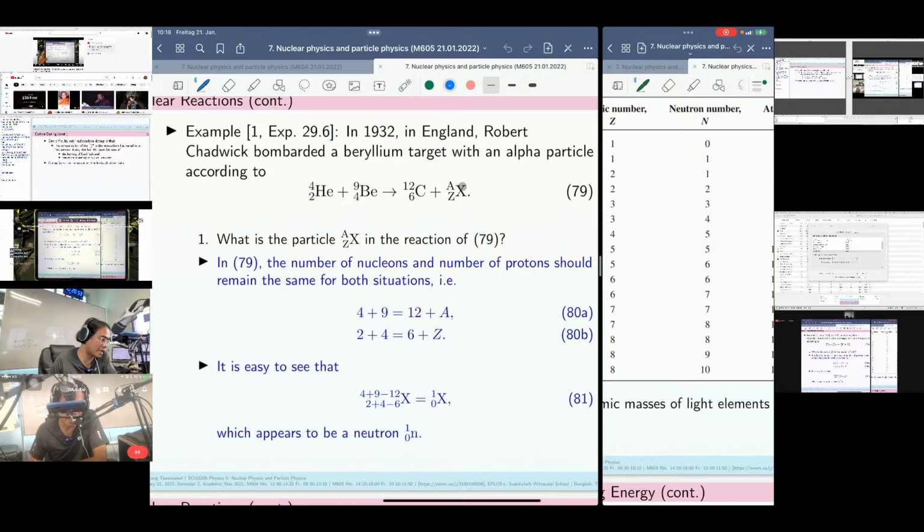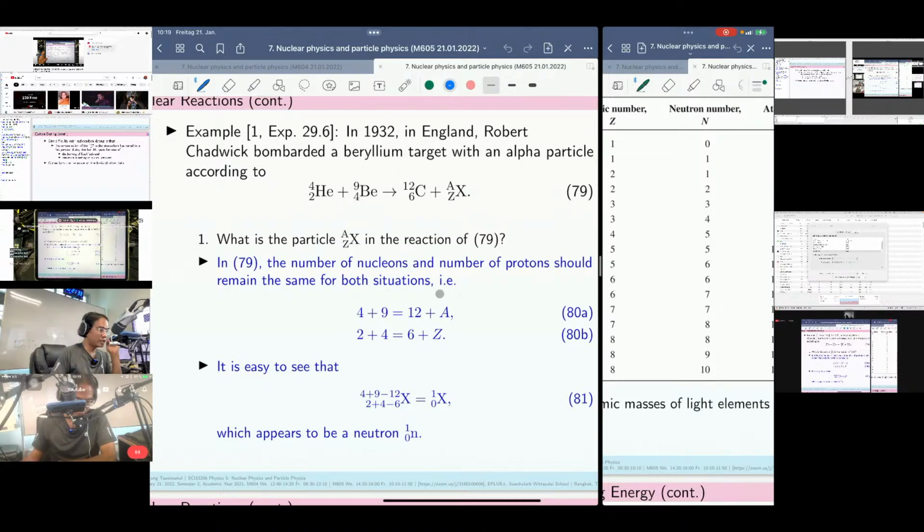The upper number is the number of protons plus the number of neutrons. The next one is the number of protons.